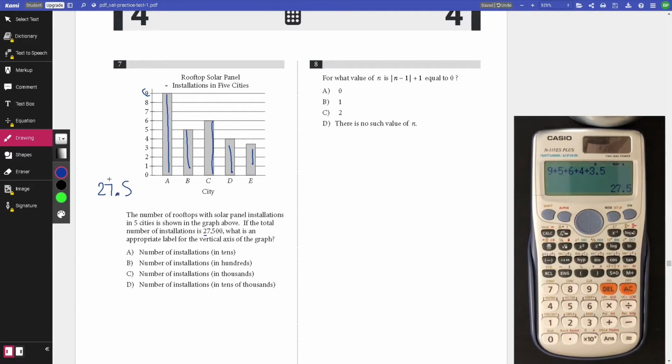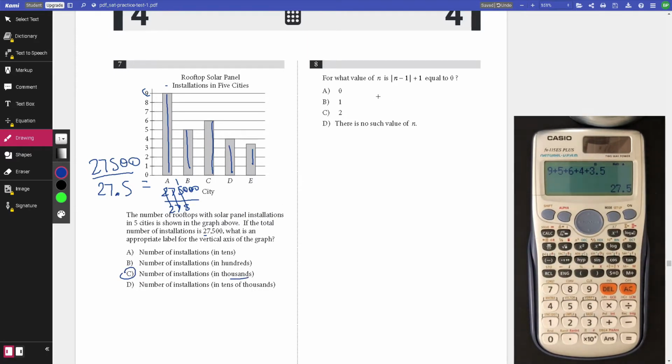And so we know that the actual number is 27,500. We can multiply by 10 to have a better factor. It's easier to divide. Okay, these cancel out. We're left with 1 here. So that's 1,000. So the correct answer is C, in thousands.